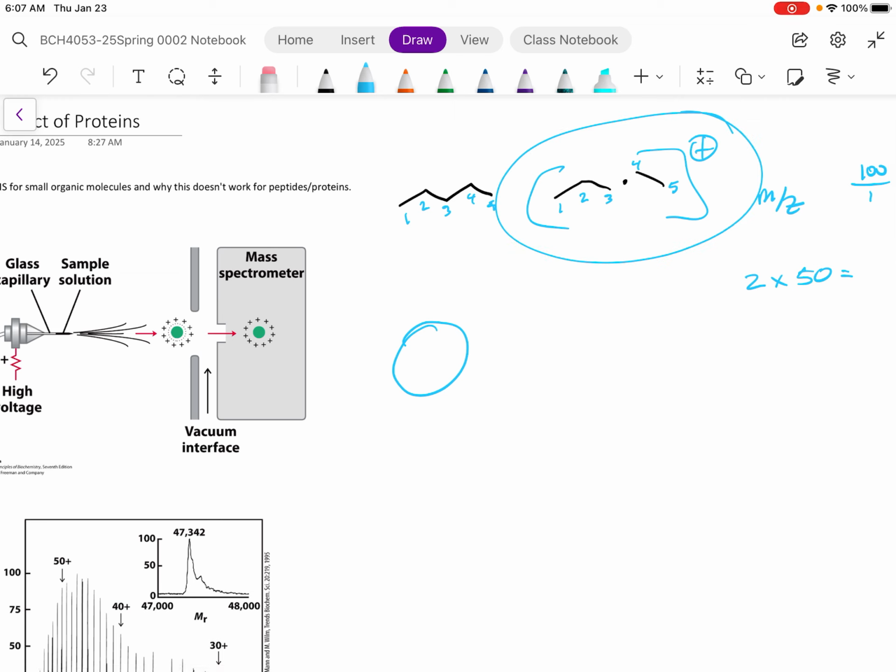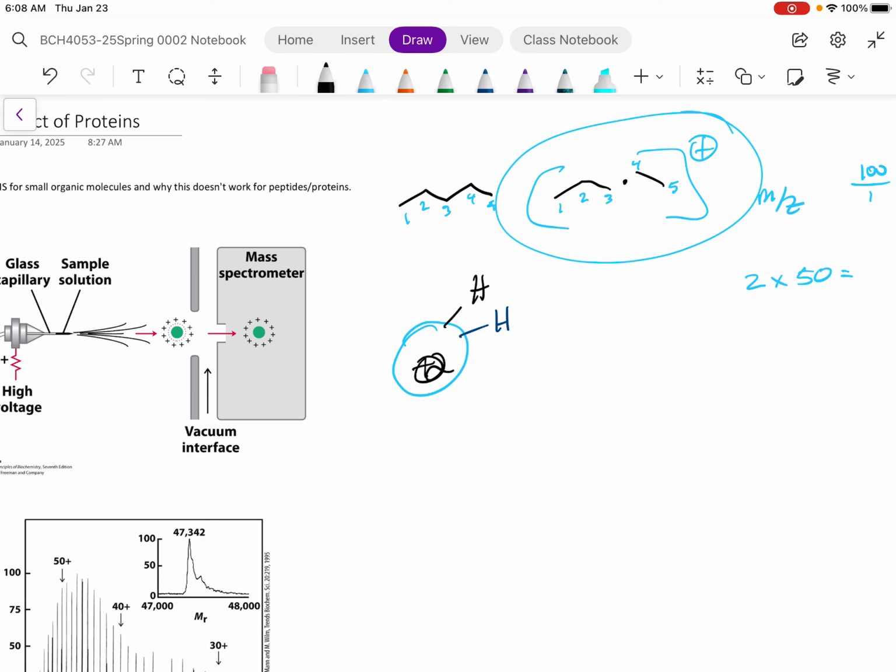But with proteins, what we do is we add some acid. And what's going to happen when you add acid? You're going to add protons. So if I add 1 proton, what's the charge state going to be on that protein? It's going to be a +1. If I add 2 protons, that's going to be a +2. And so on and so on and so on.